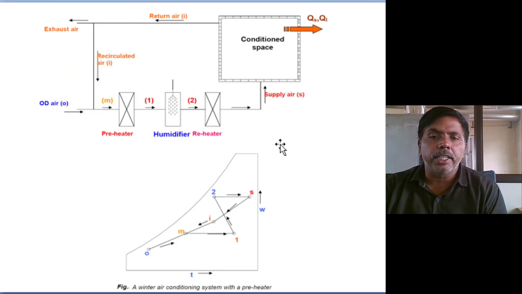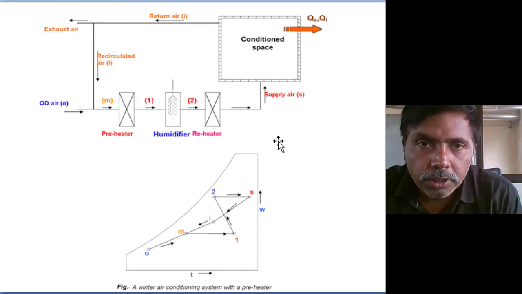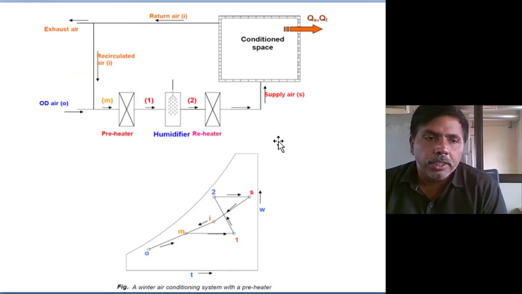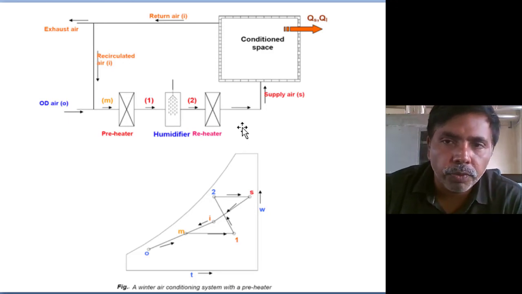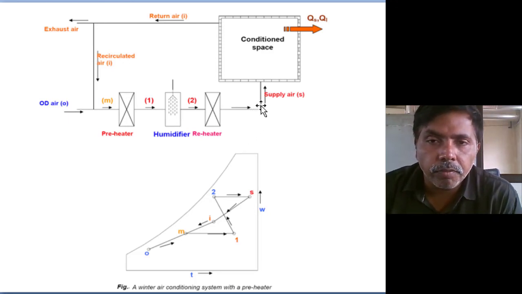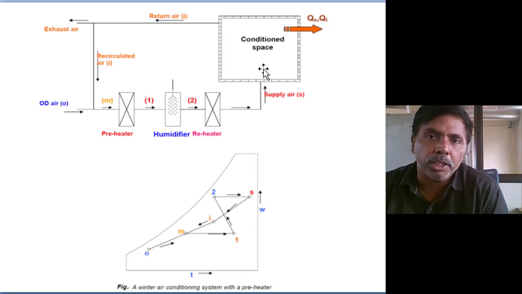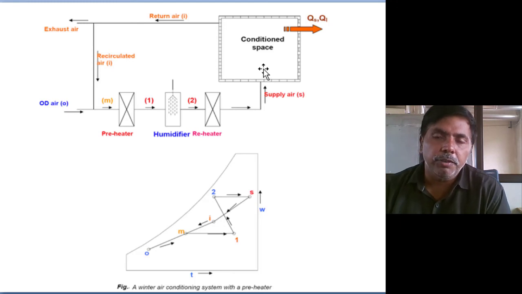Move to the winter air conditioning system. Okay, summer is clear. Next, the winter air conditioning system. Here also the same room. Here we are rejecting the heat inside the room, not absorbing heat. Why? Because in winter the room temperatures are already very low.